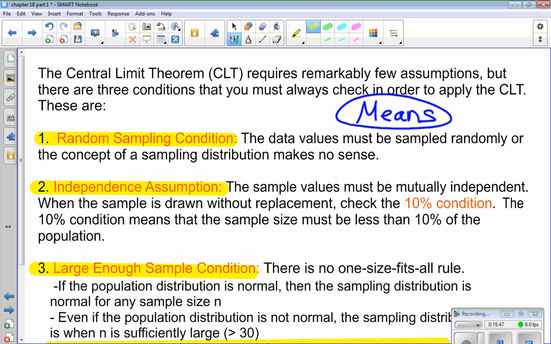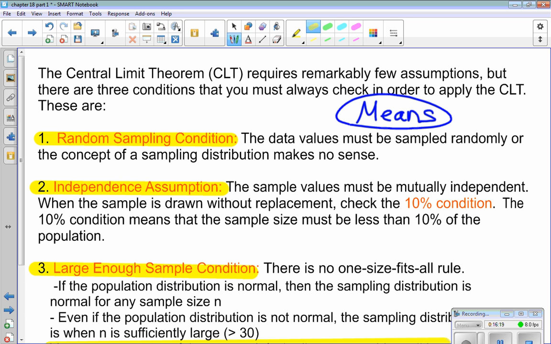We might want to start making a little bit of an org chart, so to speak. First things first, if it says means, we're over here. If it says proportions, we're over here. Once we're in means, we're going to look at these three conditions for now. Once we're in means, we have lots of other tests that we can apply, and we'll talk about that in the coming weeks. But for now, two branches to my tree.